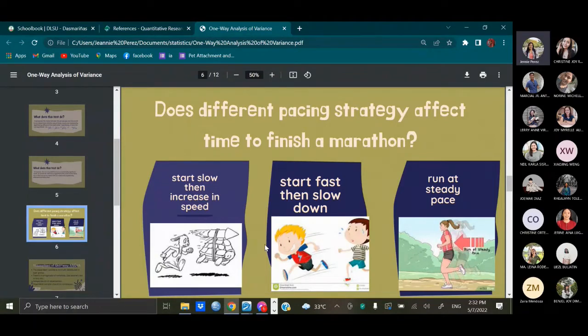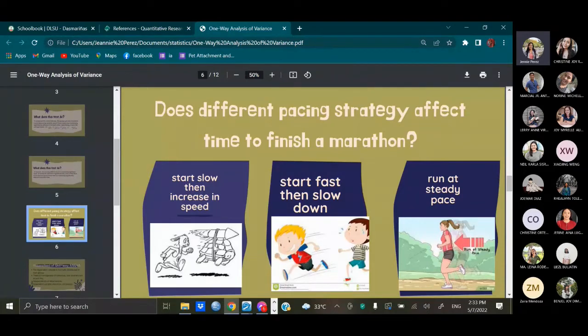Okay, so suppose you are a trainer, a coach, and you want to know what pacing strategy would be more effective. So you randomly divide your athletes into three groups.